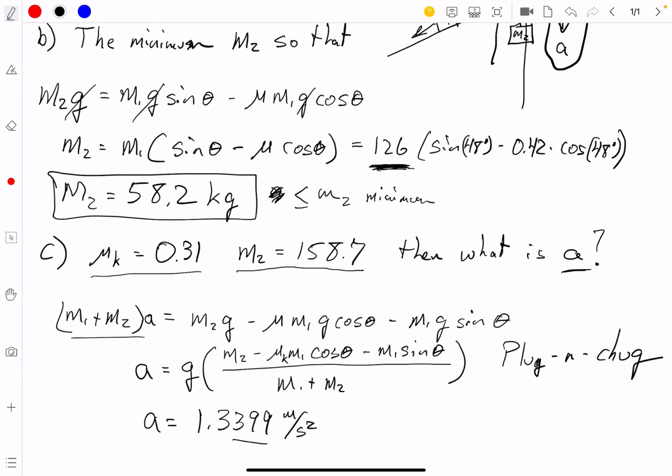Can't get closer really to 4 than that. I guess we can throw another 9 on there, but let's just say that A is equal to 1.34 meters per second squared, and that ought to do the trick.